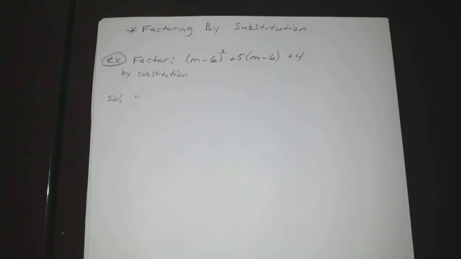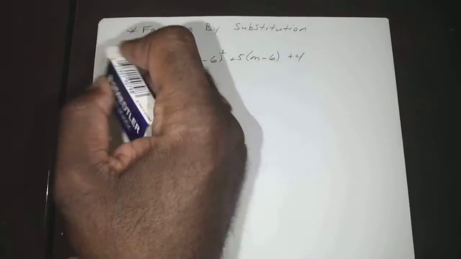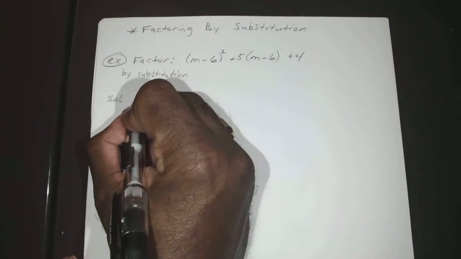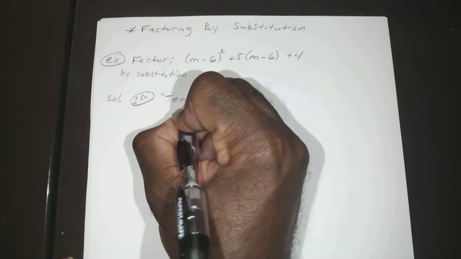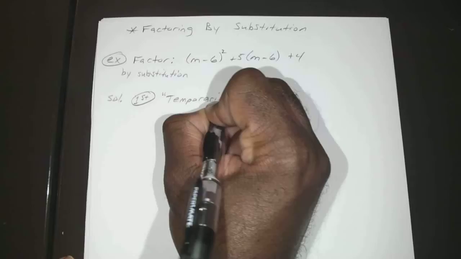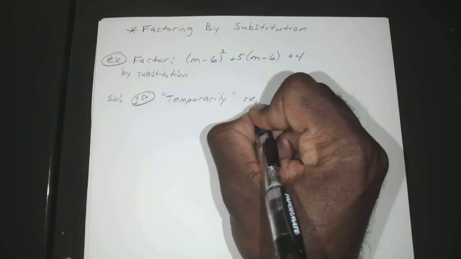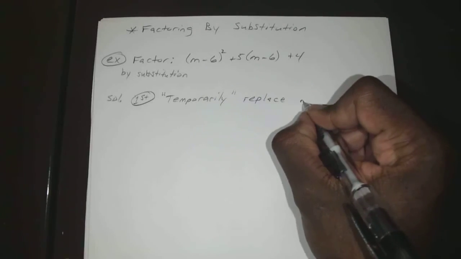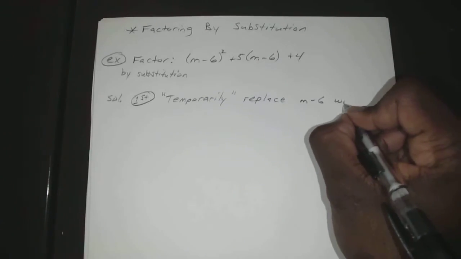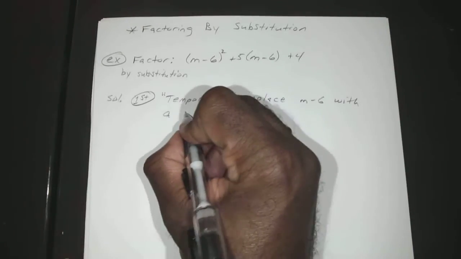So your first step is you're going to temporarily replace whatever that polynomial is in there, m minus 6, with a variable.